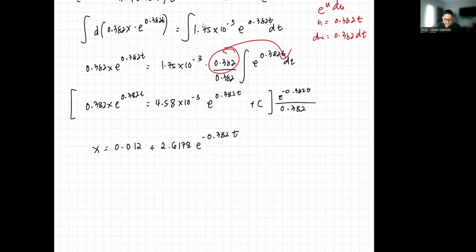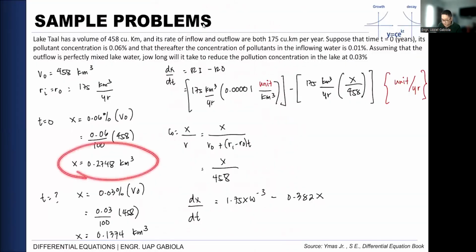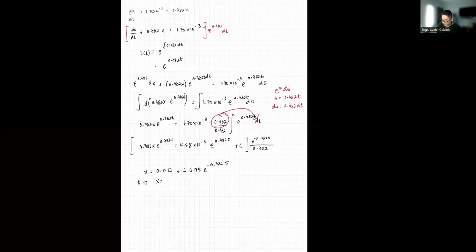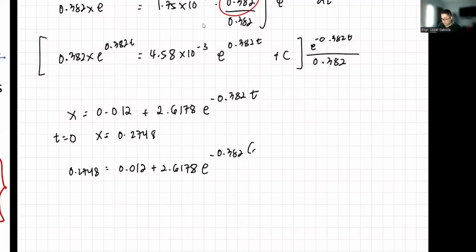Kailangan natin nung amount niya initially, ano? So initially yung t equals to 0 natin. Ang x natin, na-calculate na natin kanina yan. X natin is 0.2748. So 0.2748 is equals to 0.012 plus 2.6178 e negative 0.382 times 0.